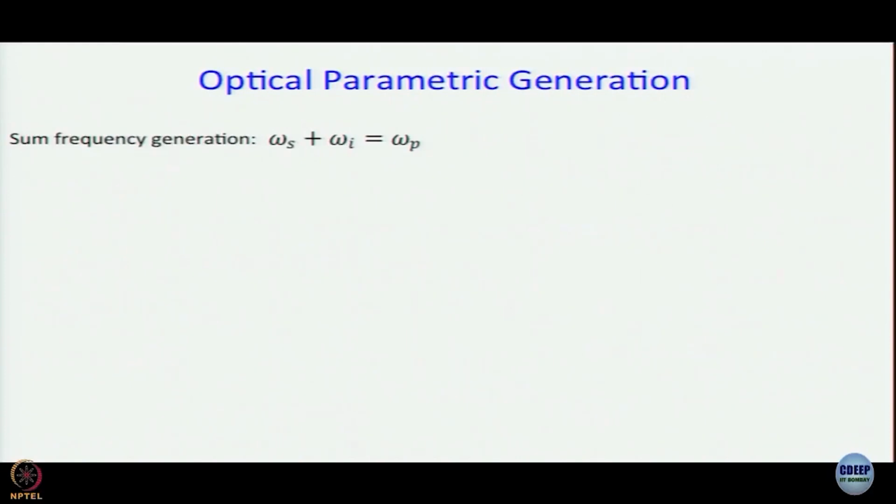We talked about the relative frequencies of signal, idler and pump, and there we said that the pump is the highest frequency, right. The pulse with the highest frequency is called the pump pulse, and that time it might have sounded a little counterintuitive, because there you are actually producing the pump. But when we say pump, we think of something that is going in, right. The reason why we introduced it at that time is what we are going to use now.